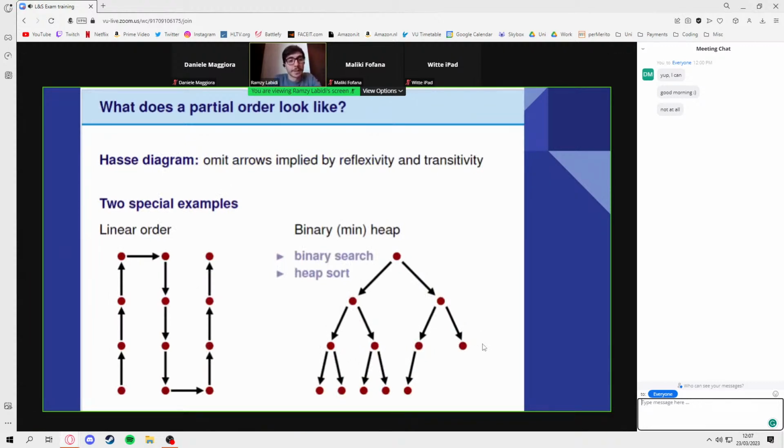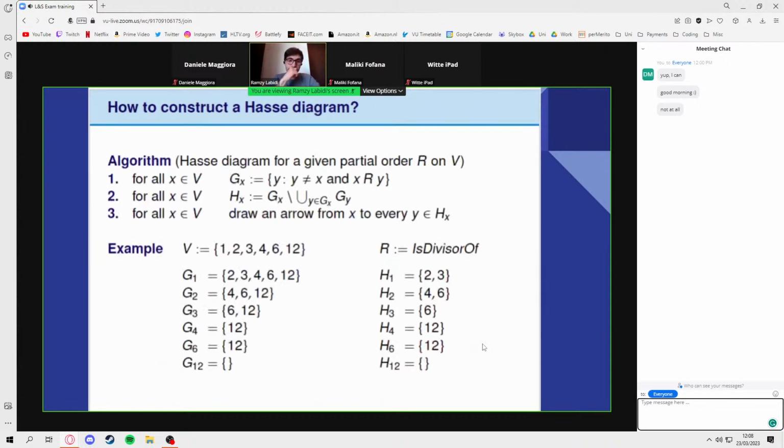This brings us to the Hasse diagram. I know it sounds a bit complicated, but what it means is basically the order in which you visit the states. For example, linear order, binary, minimum heap, breadth first, you know the deal.